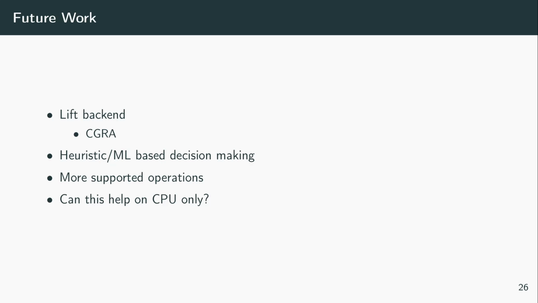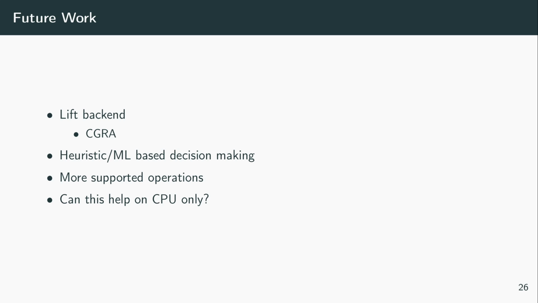We have several ideas for future directions. We are looking at creating a Lift backend for DelayRepay. Lift is a functional intermediate representation and code generation framework. This will enable us to target other devices such as coarse-grained reconfigurable accelerators and allows further optimizations. We would like to add a heuristic or machine learning based decision system to the runtime.